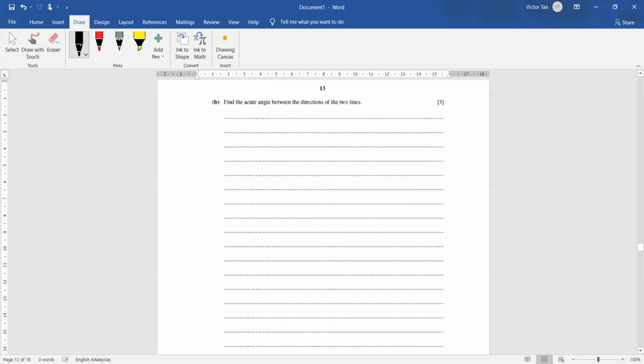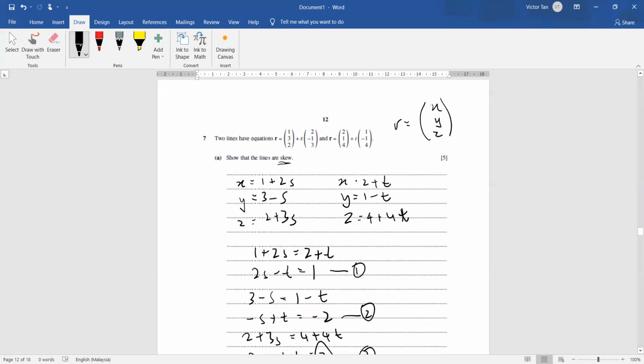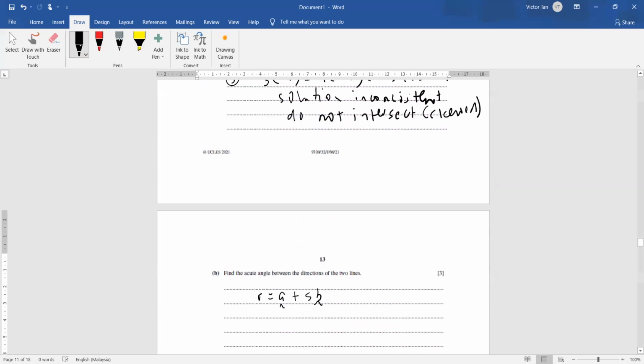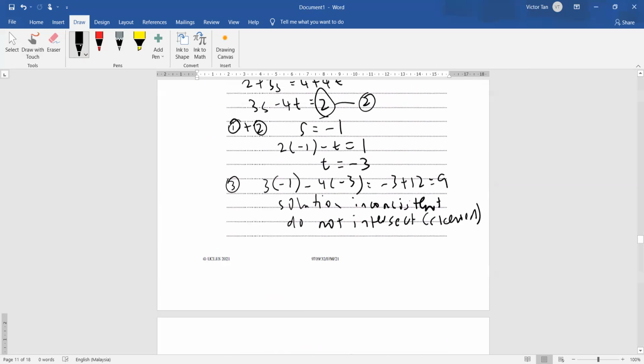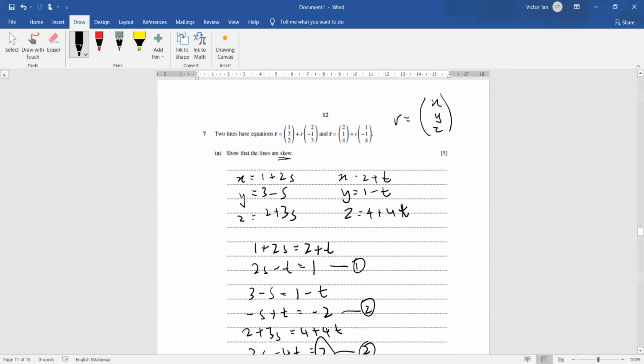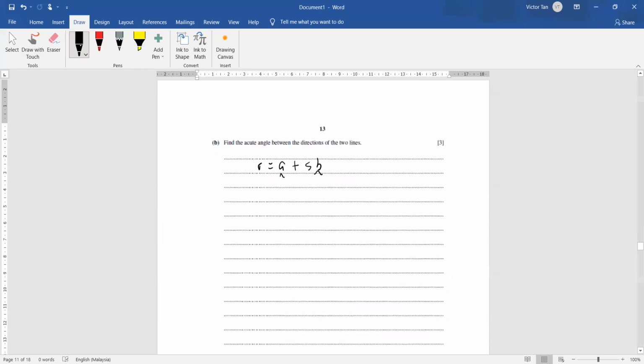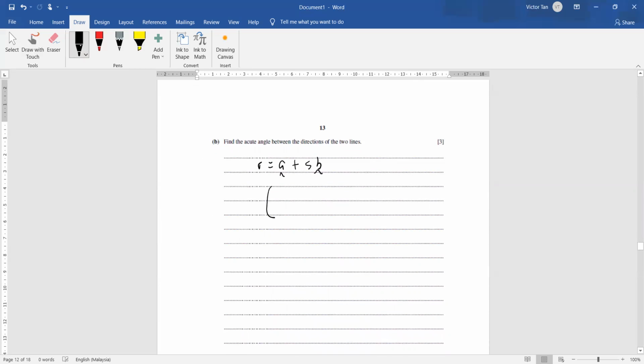Find the acute angle between the directions of the two lines. When you have a vector equation r equals a plus sb, a is your position vector, b is your directional vector. So we will use the directional vector of both lines.